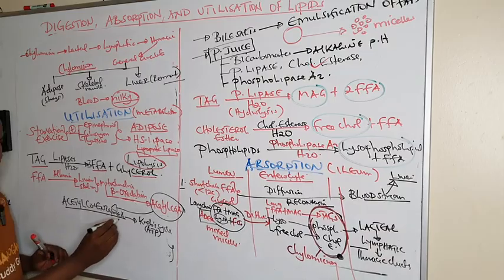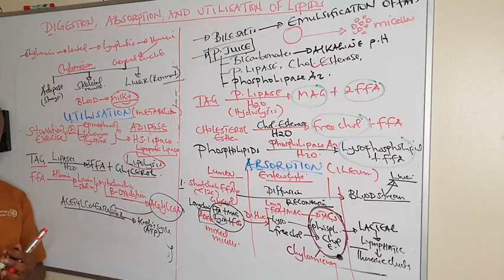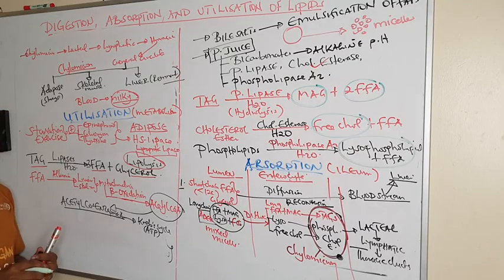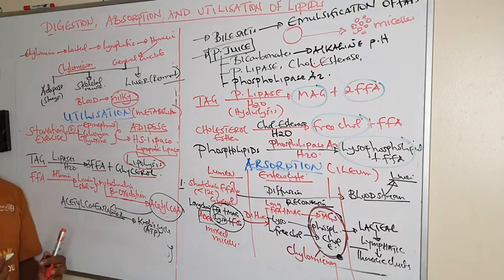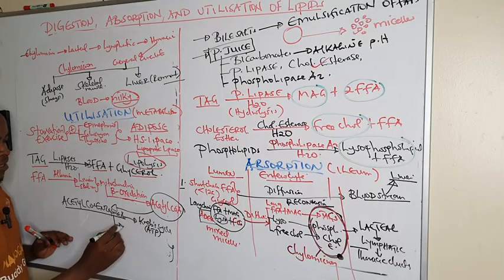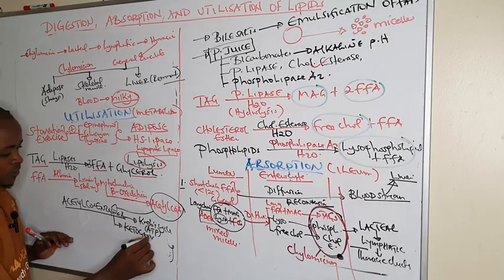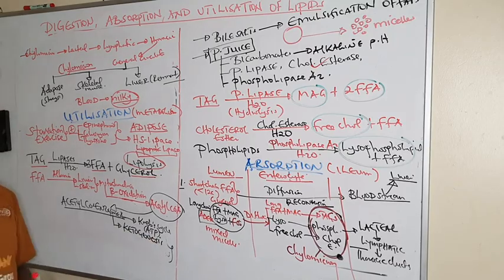But in case there are cells in the body like brain and red cells that lack mitochondria and cannot utilize this energy, this acetyl coenzyme A can undergo ketogenesis to form what we call ketone bodies.